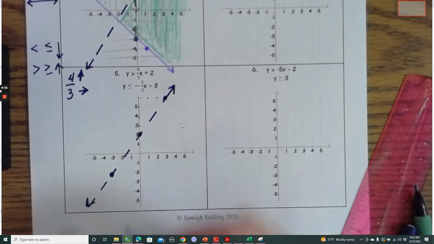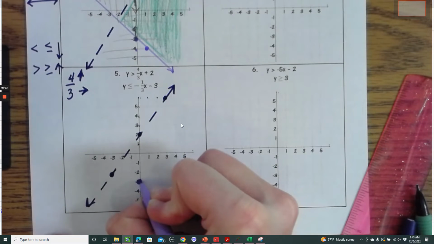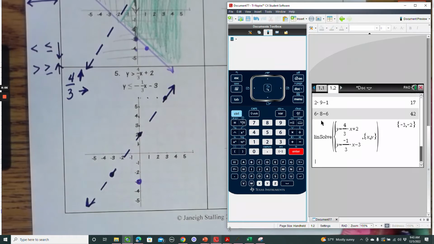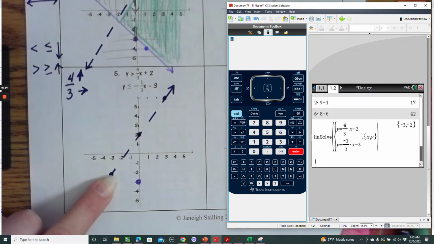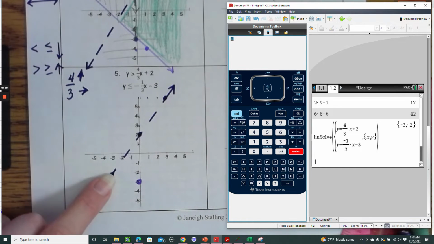So minus 3 means there's a point here. But if you remember from the calculator, negative 3, negative 2, this was also a point. So technically, I don't even need to do the slope. I can if I want, but I don't have to. Because I know that's a guaranteed point. I know that's where they cross.